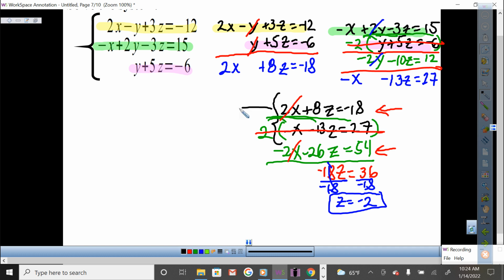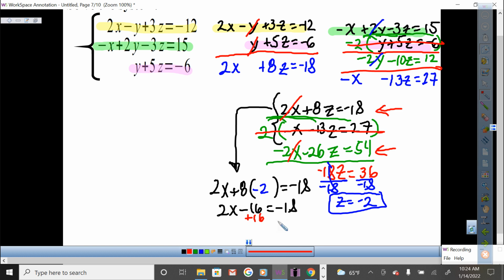The top one, okay. So let's rewrite this one. I'm going to write 2x plus 8z, but instead of z, I'm going to substitute negative 2 in there. Negative 2. So this is still 2x minus 16 equals negative 18.